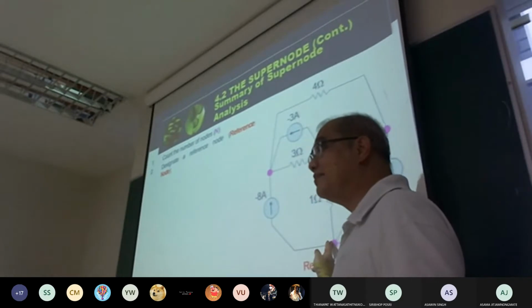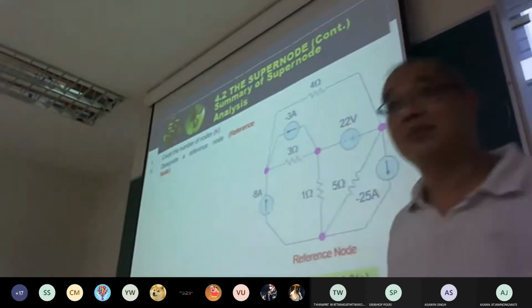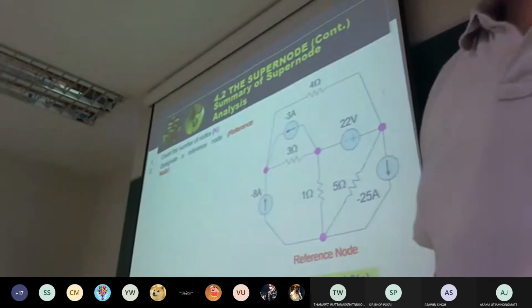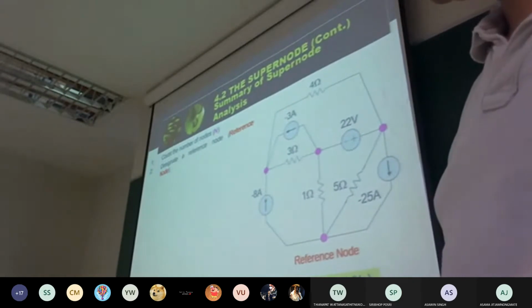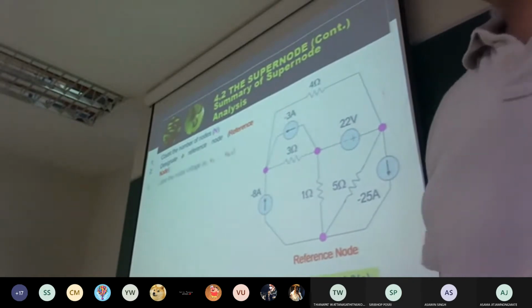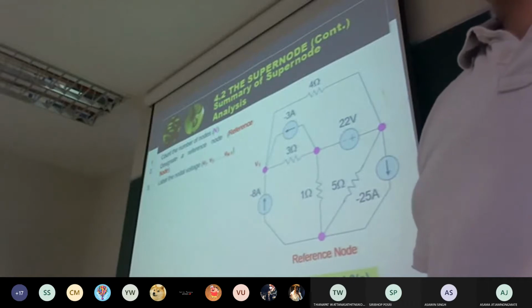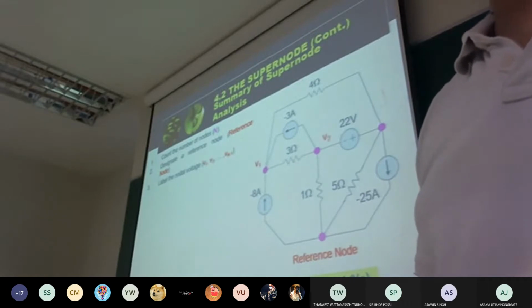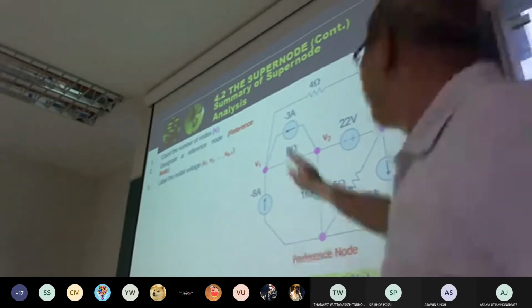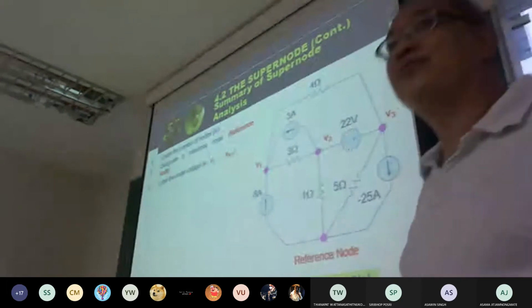Which node should be the reference? We set it to be the reference, and the next step, you set the other nodes to be V1, V2, V3, and so on. In this case, V1, V2, and V3.